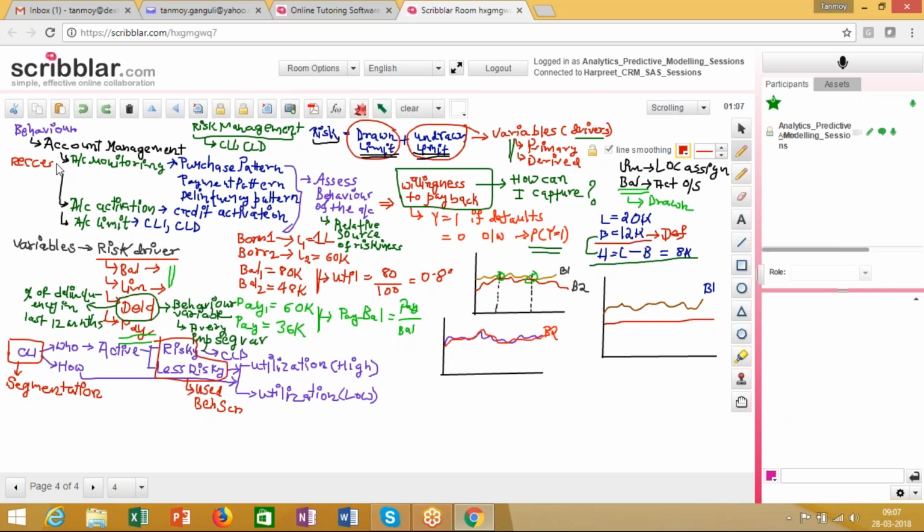By adjusting the respective cutoff scores, we can adjust the different policies.